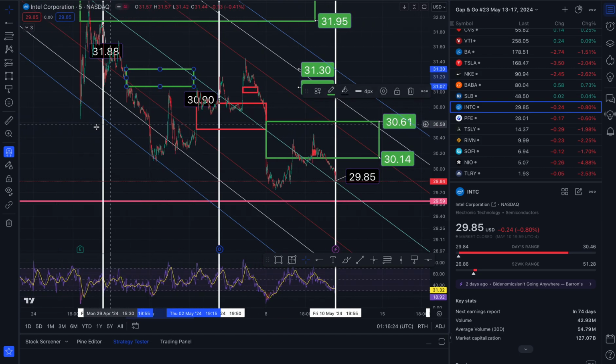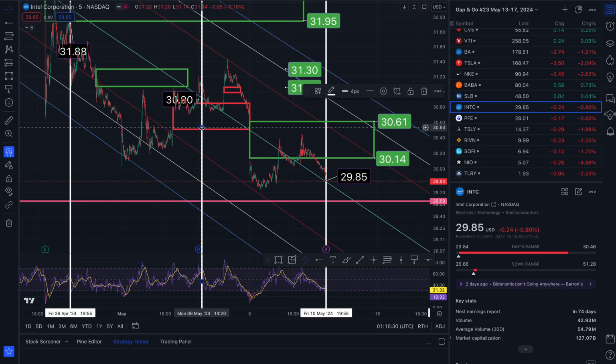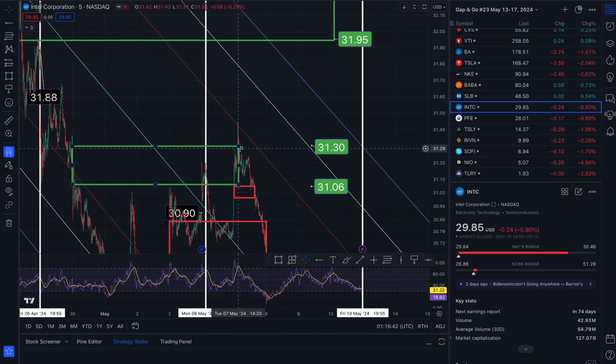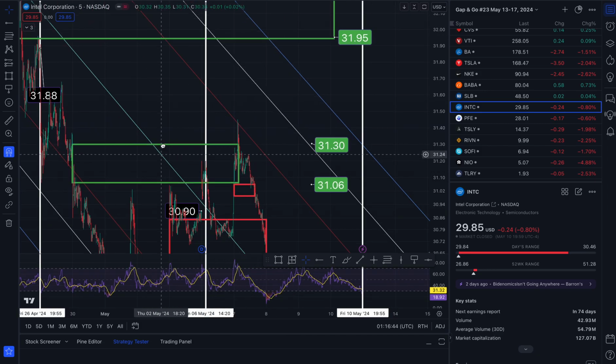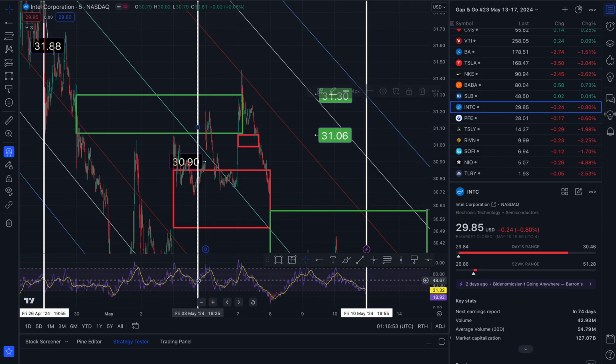This was a carryover, and I think it touched right here, actually. No, it did not. It touched right there. This looks like it, but if you blow this thing up, didn't even come close. Well, kind of did, but right there it touched precisely. And then we had this gap. We gapped up, closed out right here, just a micro one. But I will move this back. Yeah, let's just draw it since I'm here.